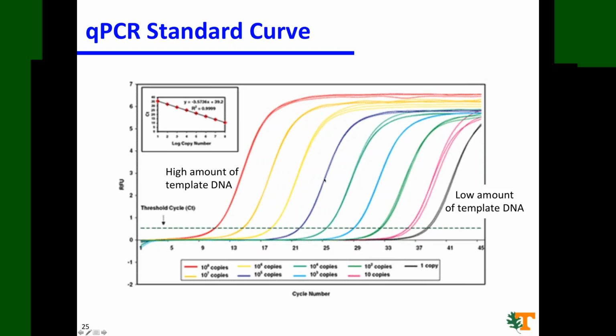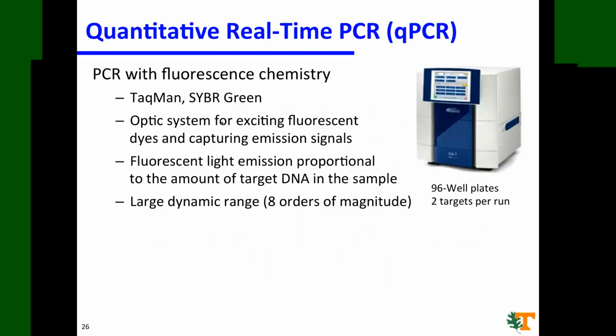You prepare standards, and you get all these values in between. You can generate a standard curve, and with that standard curve, you can estimate the number of target DNA molecules or genes in your unknown sample. That's how qPCR works. That's a standard procedure.